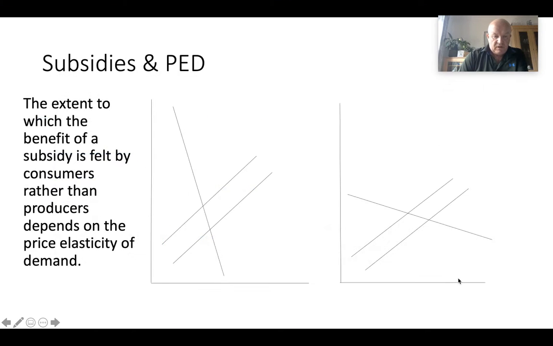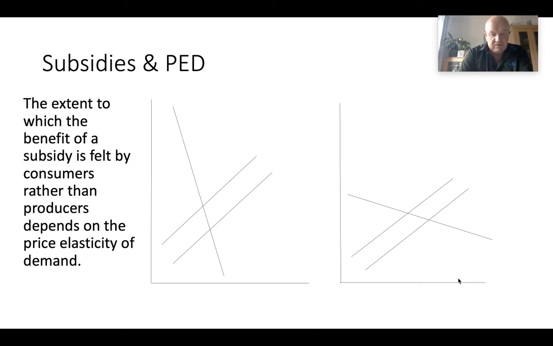Thinking about the way in which this can apply, we need to think about PED, the elasticity of demand for these products or services. The extent to which the benefit of a subsidy is going to be felt by consumers rather than producers is going to depend very much on the price elasticity of demand for that particular good or service.